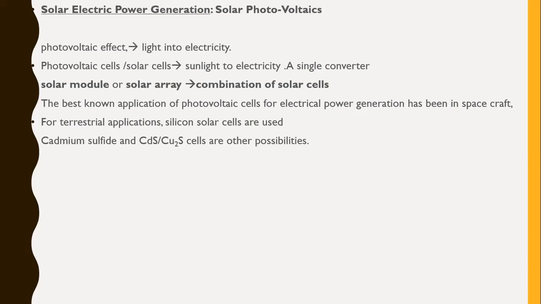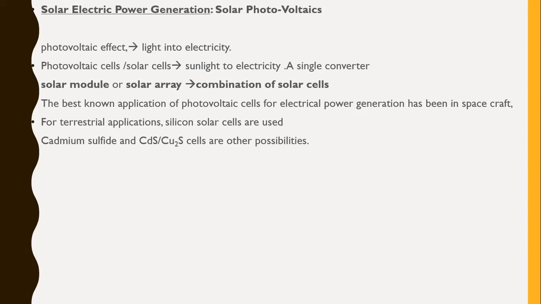The best known application of photovoltaic cells for electrical power generation is in spacecraft. In spacecraft, the silicon solar cell is the most highly developed type. This silicon cell consists of a single crystal of silicon containing a doping material which is diffused to form a semiconductor.